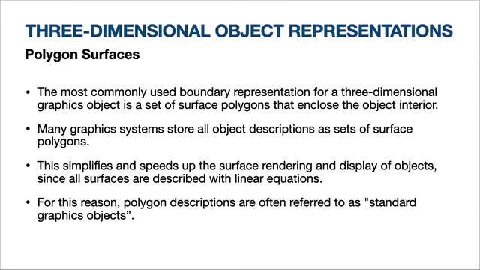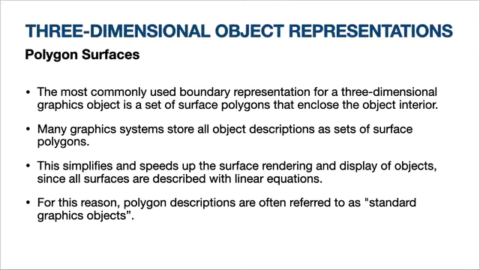It's the most commonly used boundary representation for three-dimensional graphic objects, and it is a set of surface polygons that enclose the object interiors. Many graphic systems store all object descriptions as a set of surface polygons. This simplifies and speeds up the surface rendering and display of objects, since all surfaces are described with linear equations.